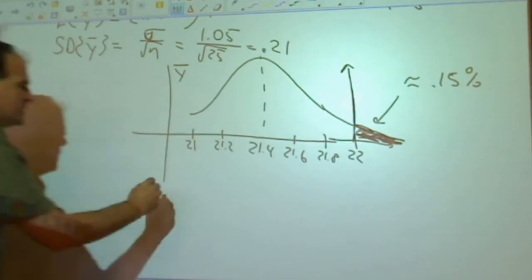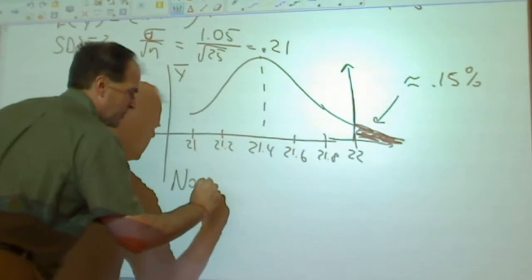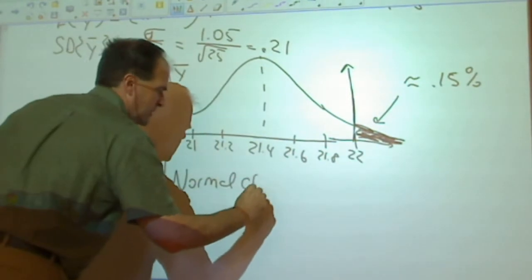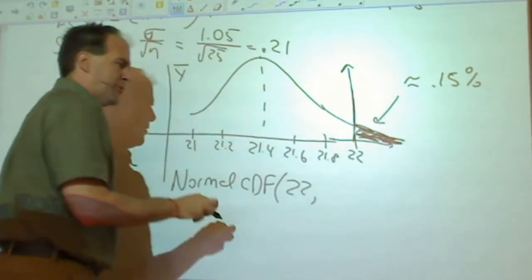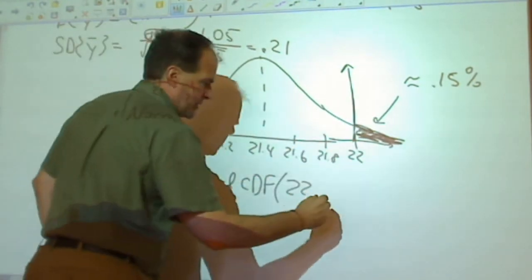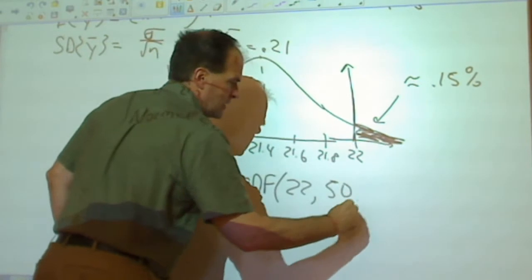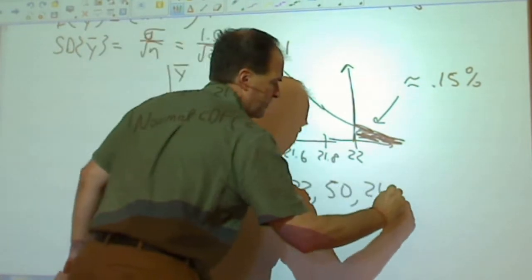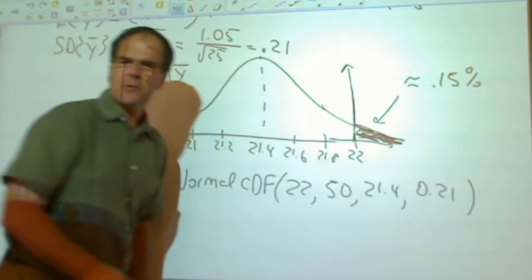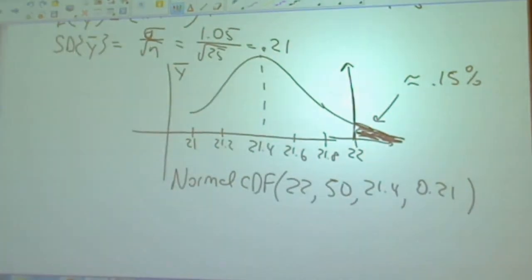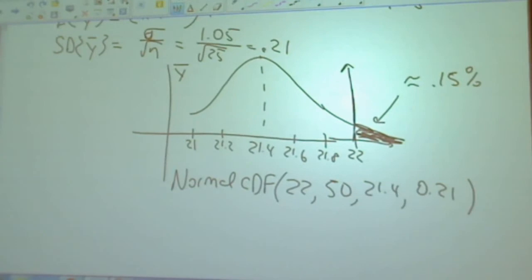Let me go on and tell you how I would do the normal CDF function in this. Lower bound, 22. Upper bound, I'm just picking a really large number, I don't know, 50. Mean of 21.4, sigma of 0.21. If someone wants to plug that in, I bet it's close to 0.15.